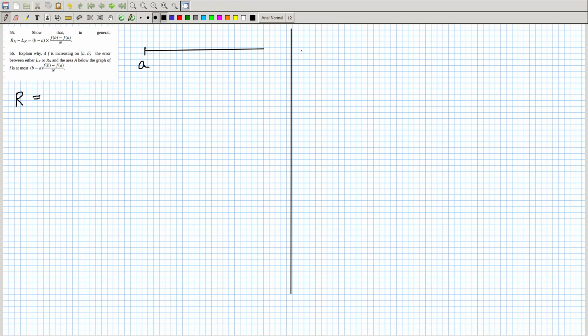So that's a, that's b, and we can call that x0, and then that's x1, etc. So the right sum would be b minus a over n times, and we start at x1, and then x2, all the way up to xn.